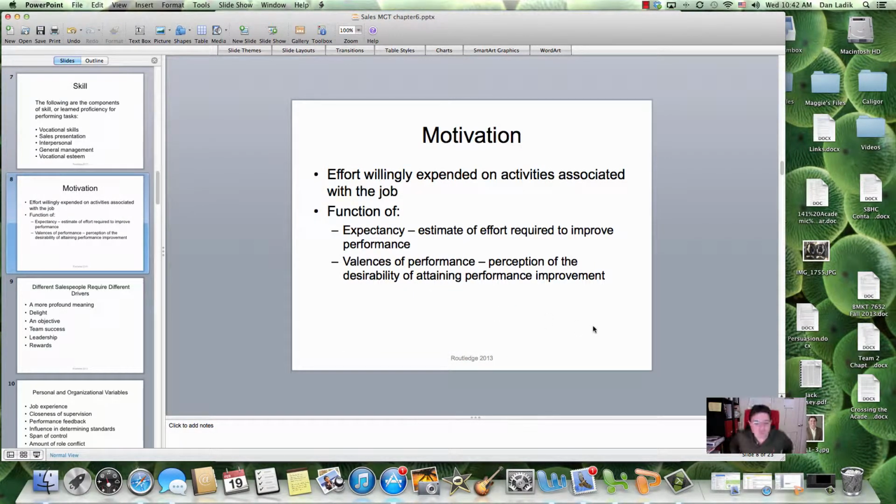Motivation. We'll do more motivation in Chapter 7. How motivated you are is usually a function of what you expect, and valence is another word for weight. Your expectations and how much you weight certain things are the two main drivers of motivation.